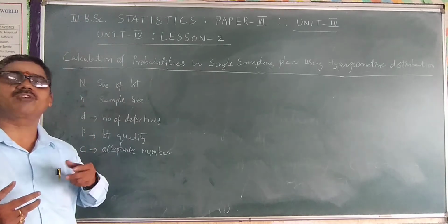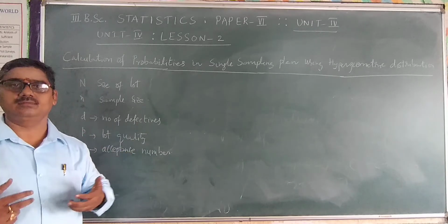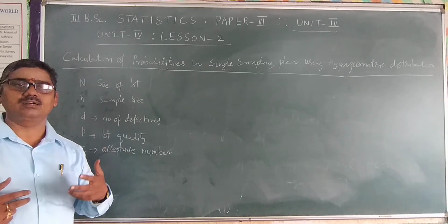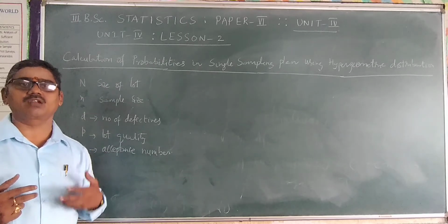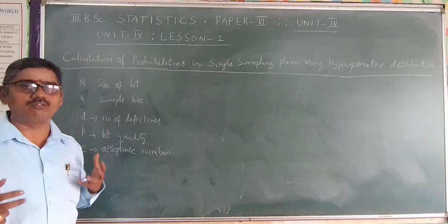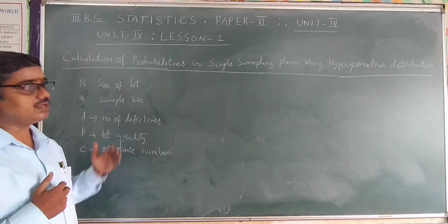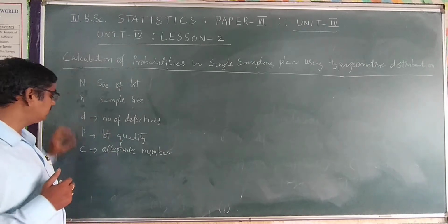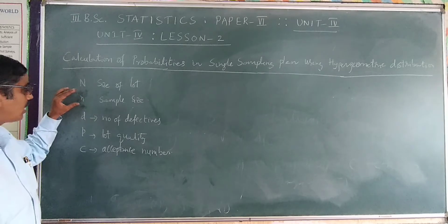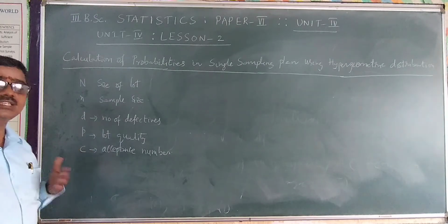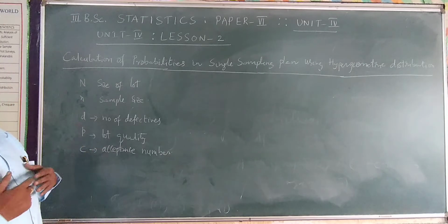These are the two fundamental formulas you have to calculate to decide everything: the OC function, OC curve, ASN, ATI. For all such values, we have to determine the values of n and c, which give a very particular probability. So for that you have to calculate the probabilities.